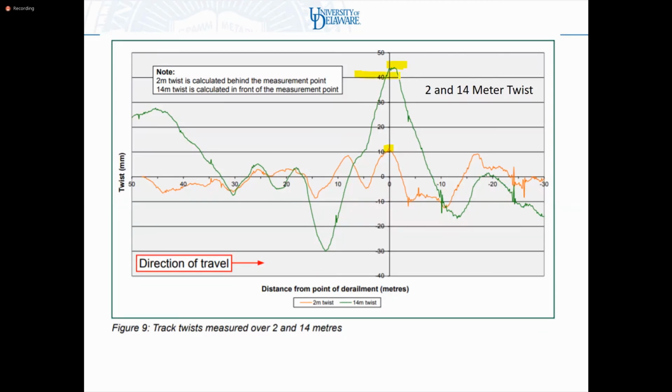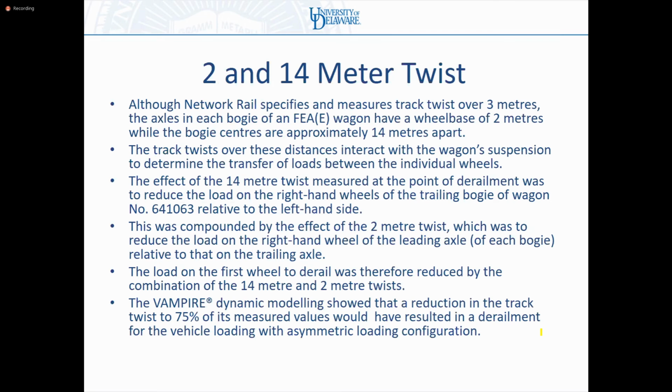The chord length over which you measure a geometry defect will affect the size of the defect, because think of having a long dip. If I measure over 2 meters, I'm going to get one value. If I measure over 10 meters, I'm going to get a different value. And the 10-meter value is going to be more than the 2 or 3-meter value.